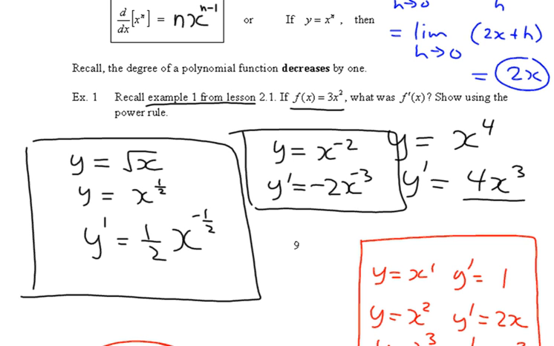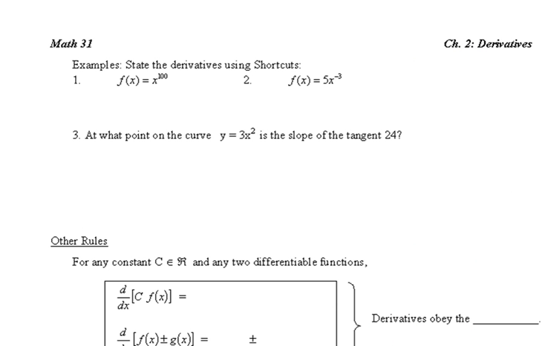Okay, now I think we're ready for the next page. Could you now do the derivative of x to the 100th power? And then next to that, do the derivative of 5x to the -3.